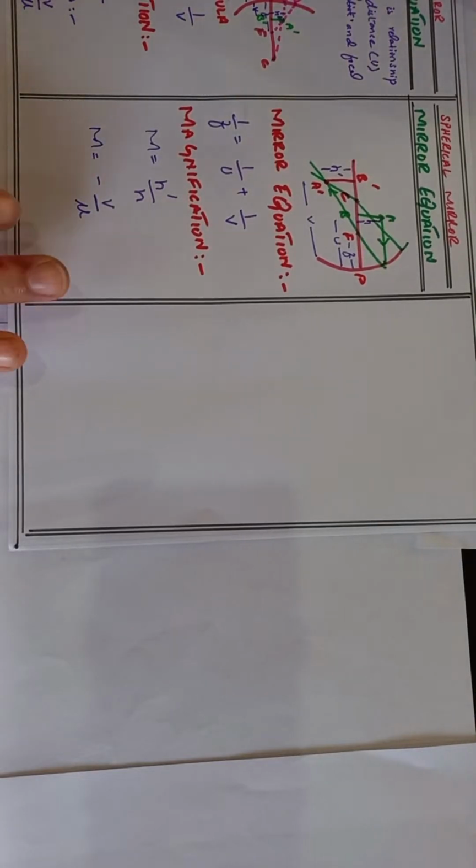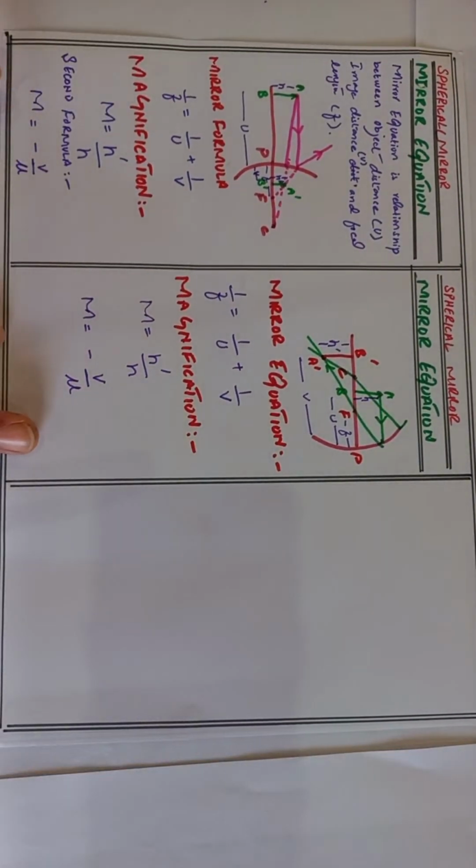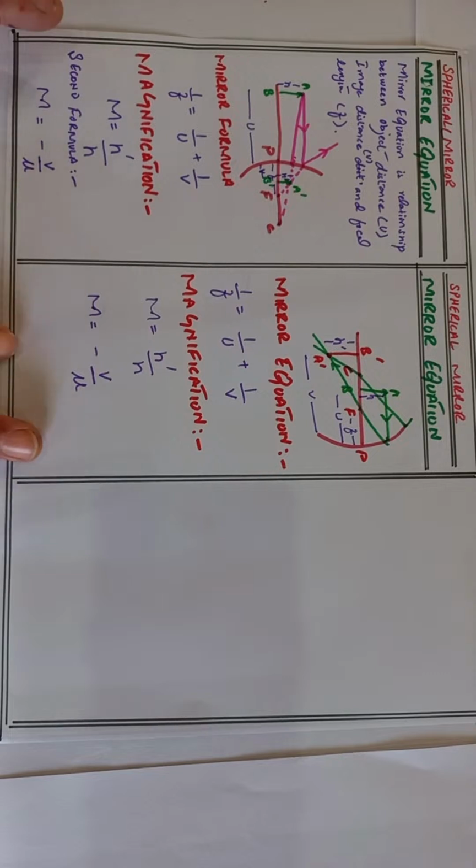That is the formula we use in the concave mirror and the convex mirror. Now we can use these formulas in numericals. We discussed in detail the concave mirror, convex mirror, image formations and the rules, and then the mirror equations. That is all we discuss today.